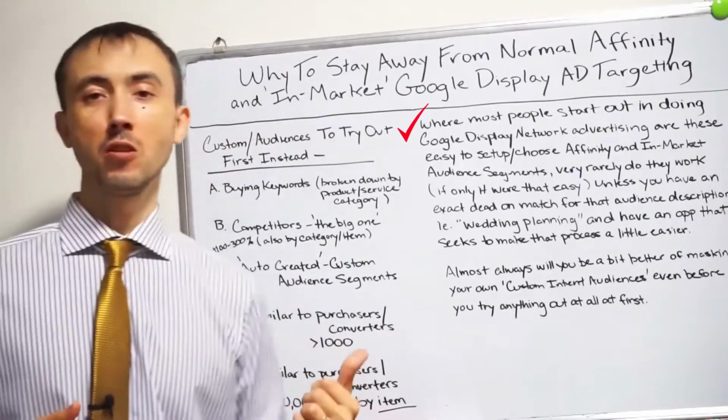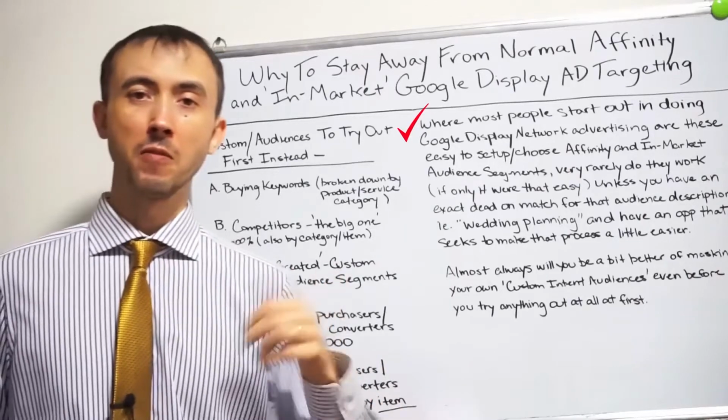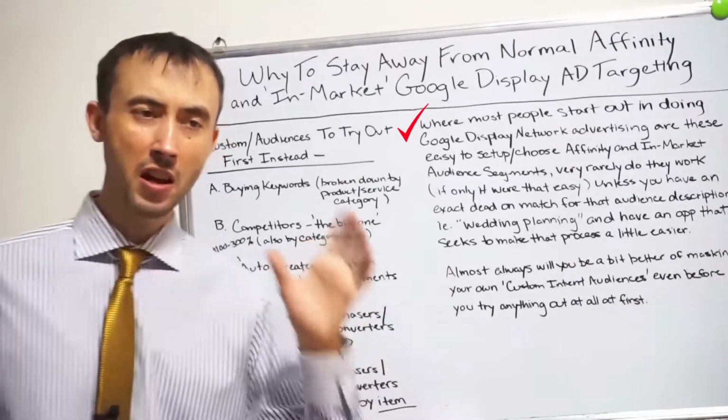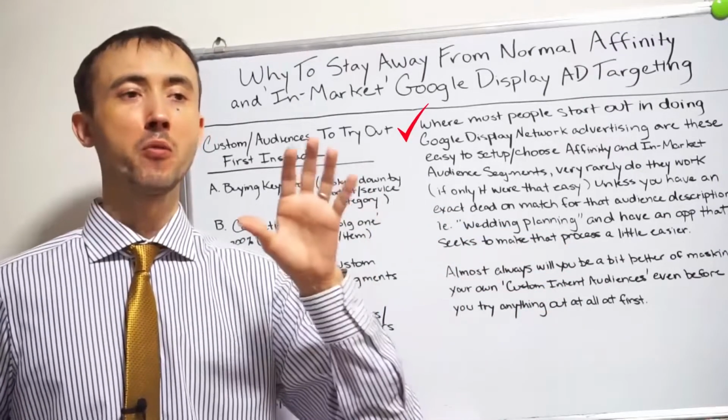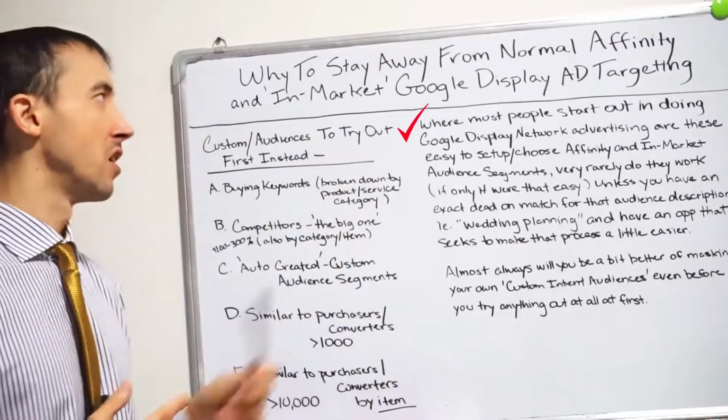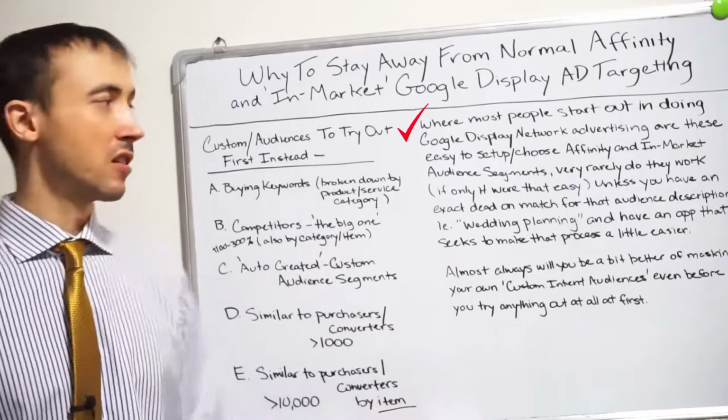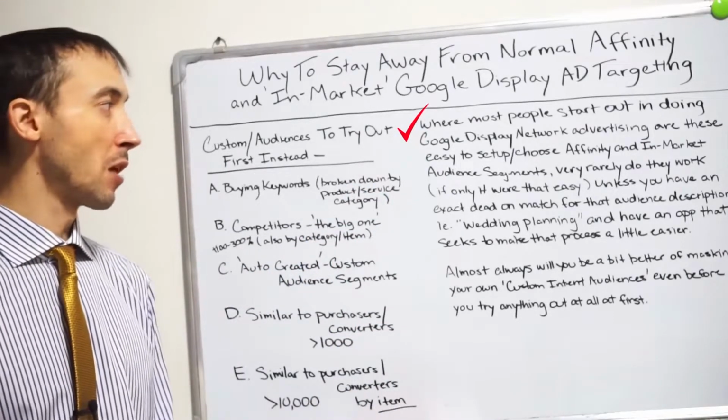However, I can get Google Display Network to work better and faster than Facebook, at least initially, because your targeting options are much more refined if you just get in there a little bit further than what you are going to notice right away. These in-market and affinity audience targeting segments.